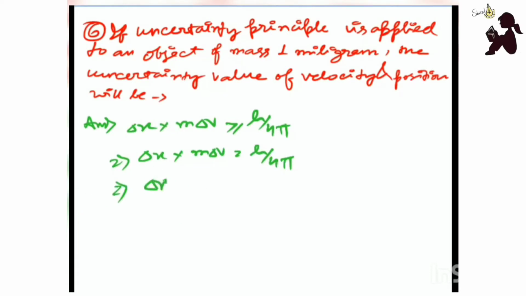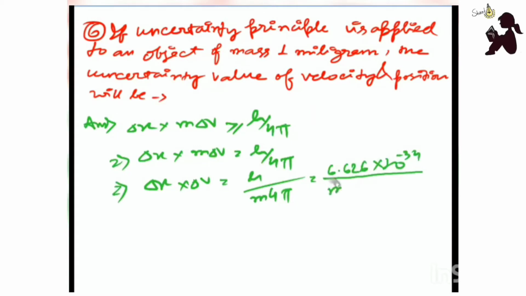So what we are going to do here, we just place this mass here, that is m 4 pi. So what we are going to see here is this value, 6.626 into 10 to the power minus 34 and n into 4 into 3.14, that value comes to 5.27 into 10 to the power minus 35.